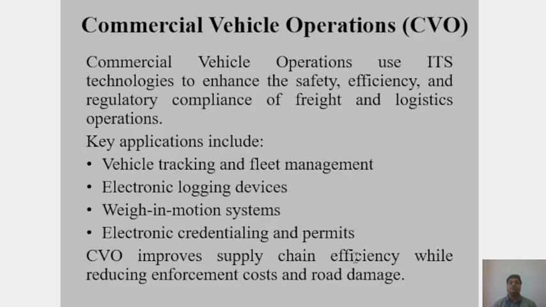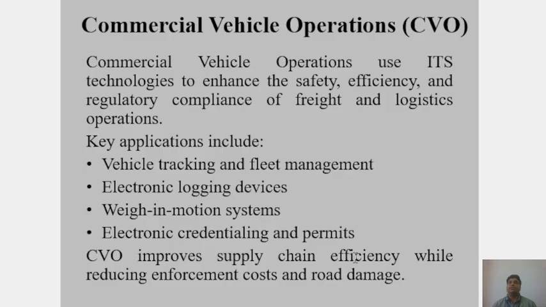Likewise, GPS is installed in such trains to track them wherever they are. Similarly, for commercial vehicle operations, the vehicle should have a tracking system, where fleet management is possible, where we can see our operations and where our product has reached. That is called fleet management.